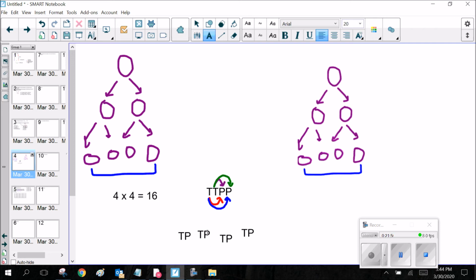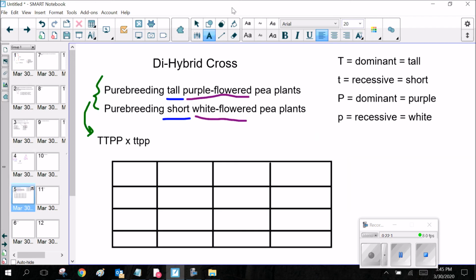In other words, these are all the different ways they could segregate during the law of independent assortment and the law of segregation, I think is the other one, which puts them together into those gametes that could then combine with somebody else's. So these are all of that person's potentials. I'm going to write those up here above each one of the boxes. So here's the first potential, the second potential, the third potential, and the fourth potential. So these are all the potential combinations we could get on those gametes or alleles.